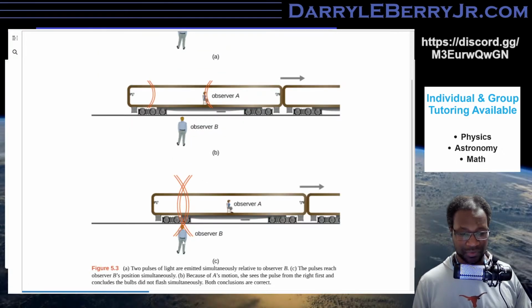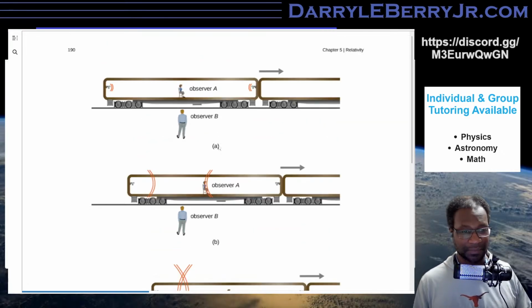But the person observing on the ground, because the emission of the light happened at an equal distance from the person who's not moving, saw it happen at the same time. So you can see how, depending on the movement of the observer, it does still change the simultaneity of things.